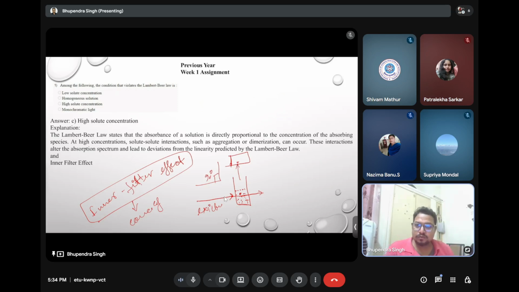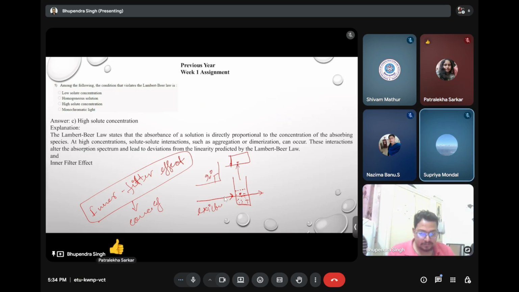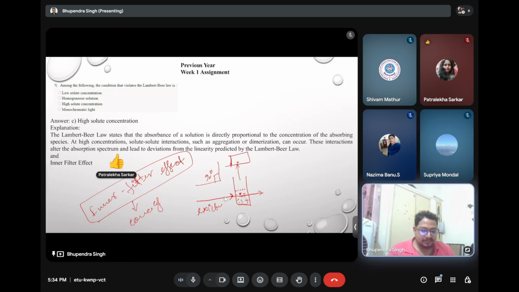And emission is directionless. Yes, emission is directionless, which means the molecule will absorb the light and emit in any direction.